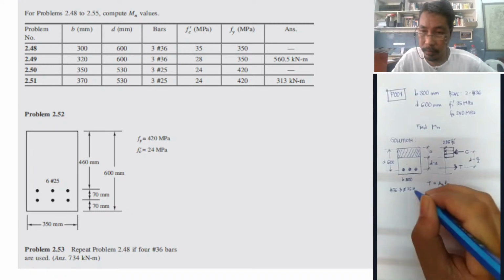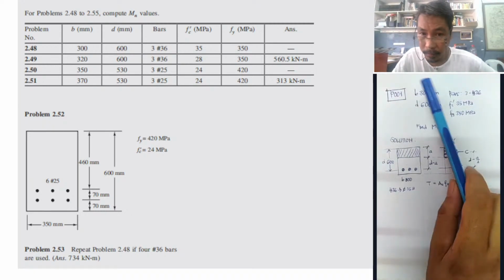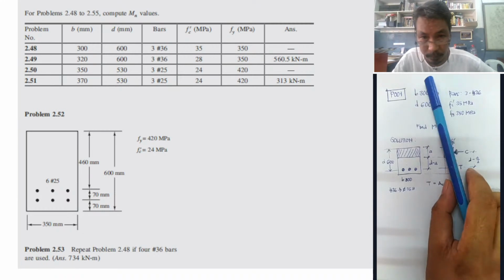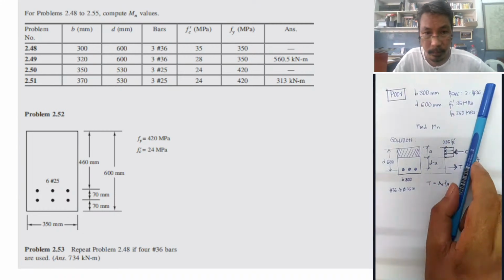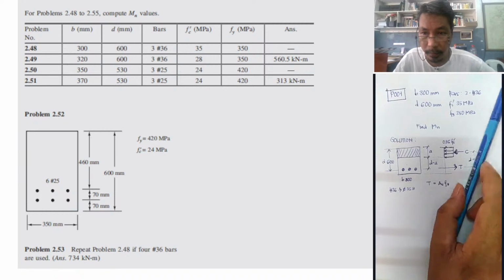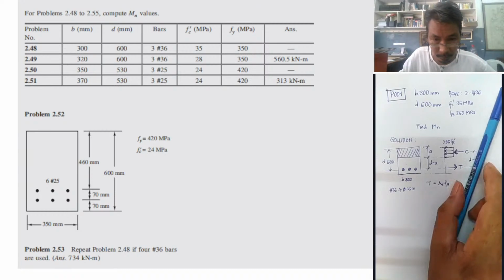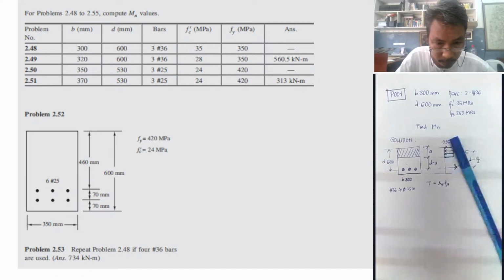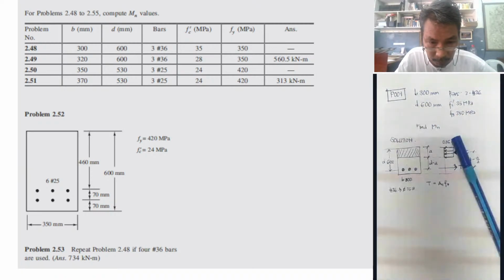So we have the rebar size table. I made up my own rebar size table, so I can show it to you.